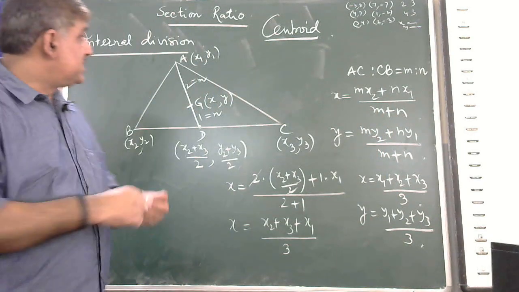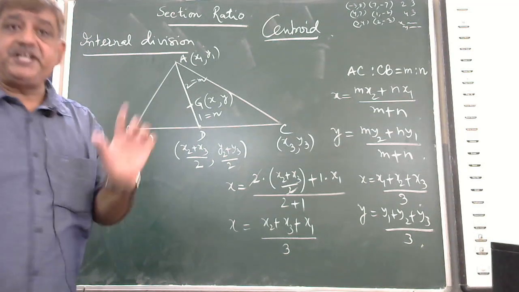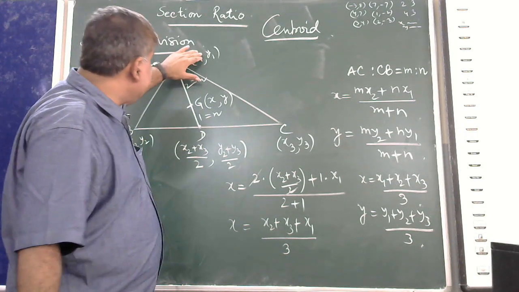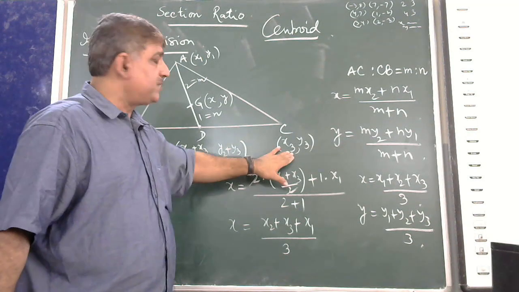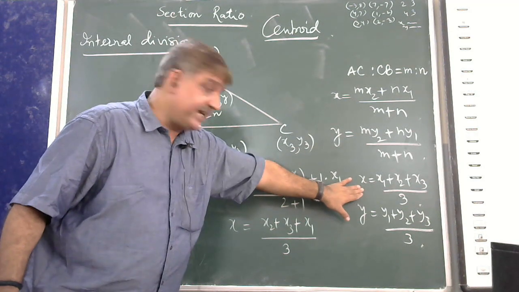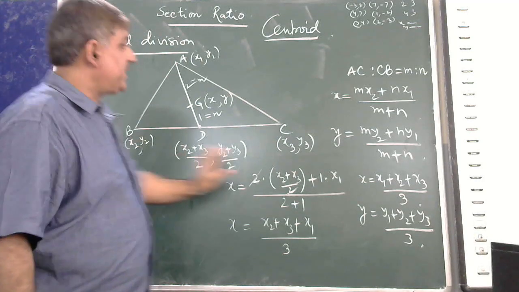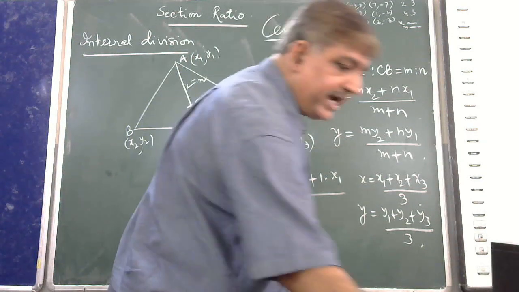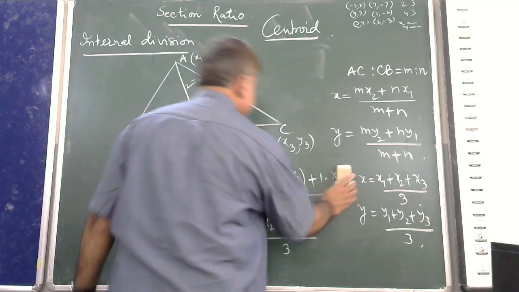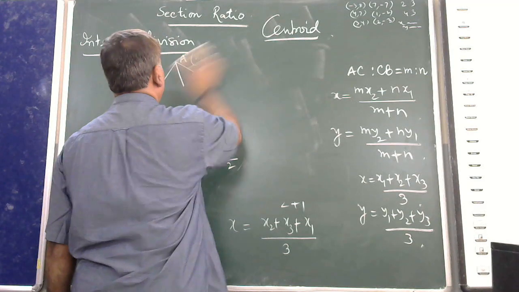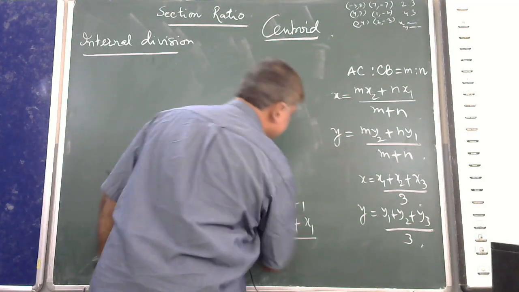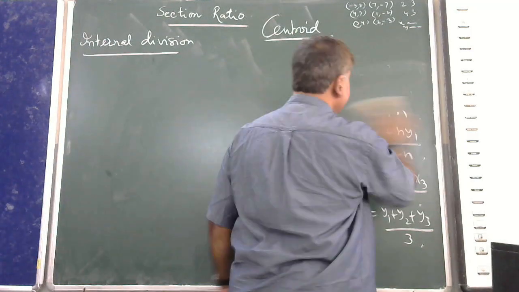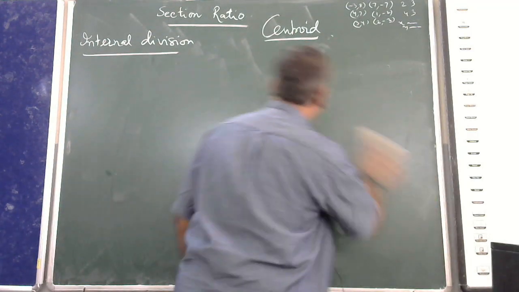As you know, the centroid is the center of gravity of the triangle, and you can obtain it by taking the average, that is (x1 plus x2 plus x3) divided by 3, (y1 plus y2 plus y3) divided by 3. So this is the centroid formula for finding the centroid of a triangle formed by the 3 points A, B and C.